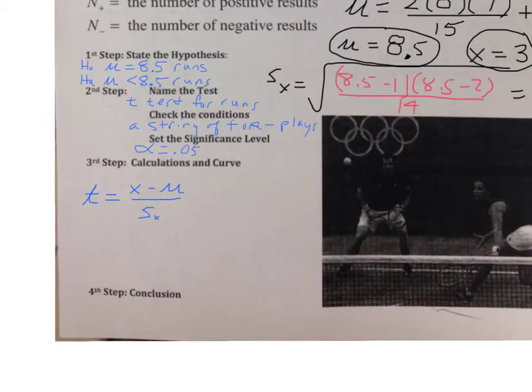But for this particular case, it would just be these three numbers. X is the number of runs we got, which was 3. Mu is the amount we should have had, which was 8.5. And sigma, or standard deviation, was the 1.9 that we got from the work above. So that's telling us what the t-score should be, which is roughly negative 2.9.